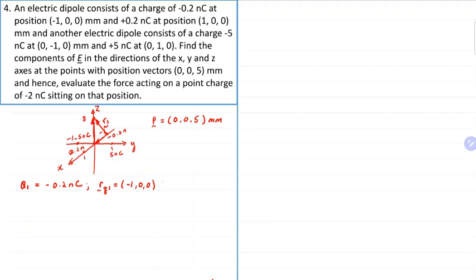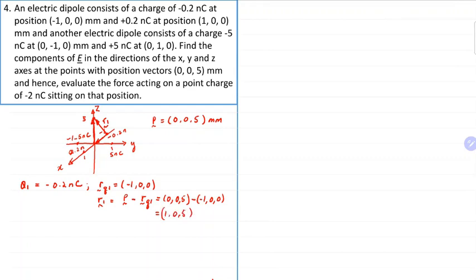Then I can work out vector R1 equals vector P minus R_Q1. This is (0, 0, 5) minus (-1, 0, 0). This gives (1, 0, 5).